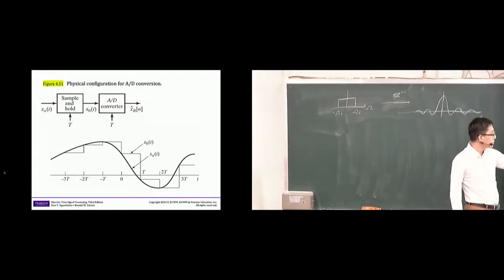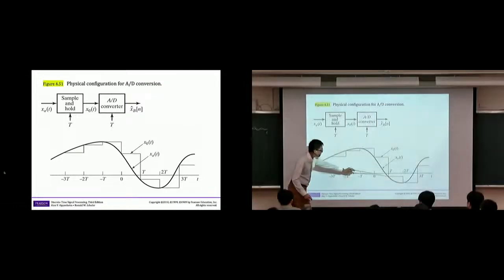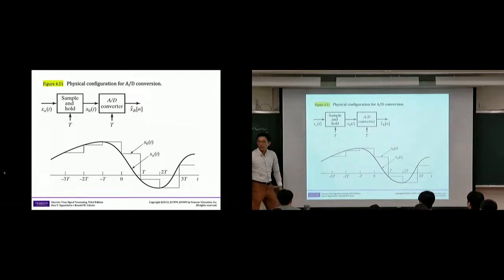After a period of T, we repeat the process. We sample the signal, make a measurement right there, and then the system holds. That's why it's called sample and hold. Very simple idea.